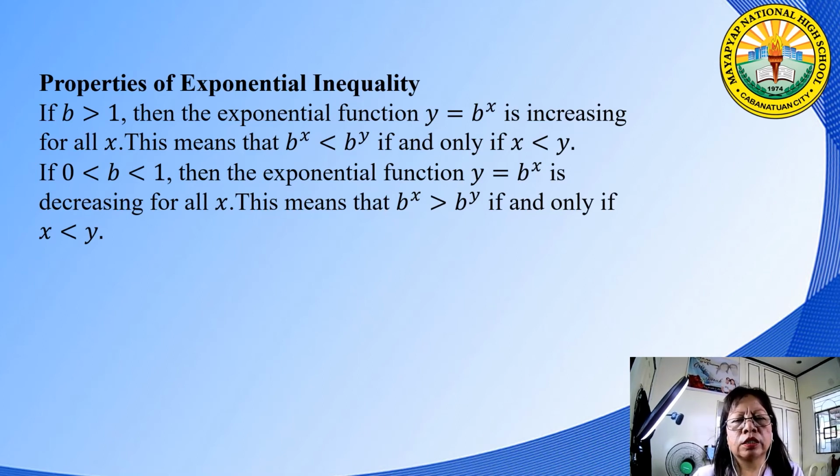This means that b raised to x is less than b raised to y if and only if x is less than y. If 0 is less than b is less than 1, then the exponential function y equals b raised to x is decreasing for all x. This means that b raised to x is greater than b raised to y if and only if x is less than y.